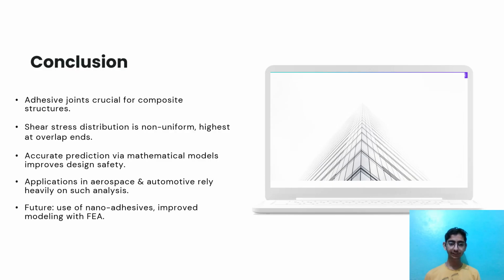Applications in aerospace and automotive rely heavily on such analysis. In future, the use of nano adhesives will improve modeling via FEA.